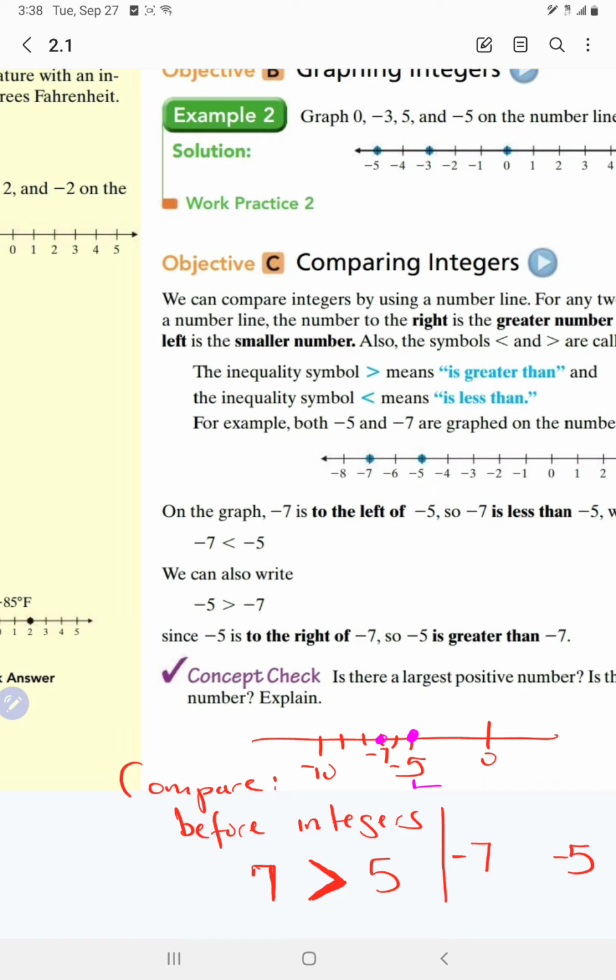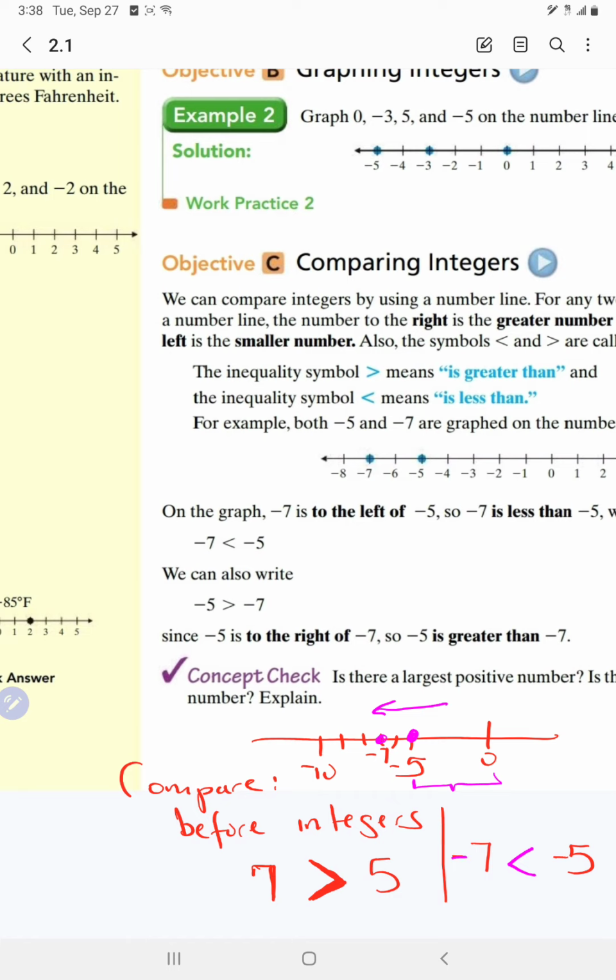The numbers decrease going towards the left. So -7 is less than -5. It's further away from 0. So notice the big difference that the sign makes.